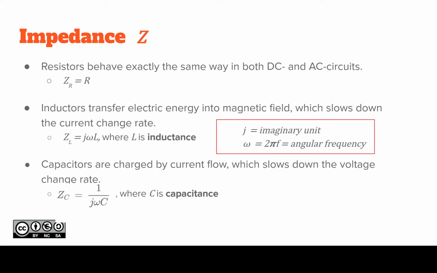Inductors. Okay, that has a coil, a wire coil, that actually transfers electric energy into a magnetic field. You remember from physics that if you have a current flowing through a loop, then it induces a magnetic field at the center of that loop. So practically it transfers the electric energy into a magnetic field, which actually slows down the current change rate.